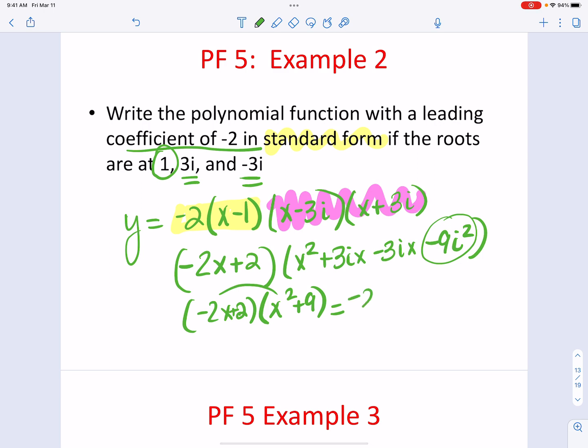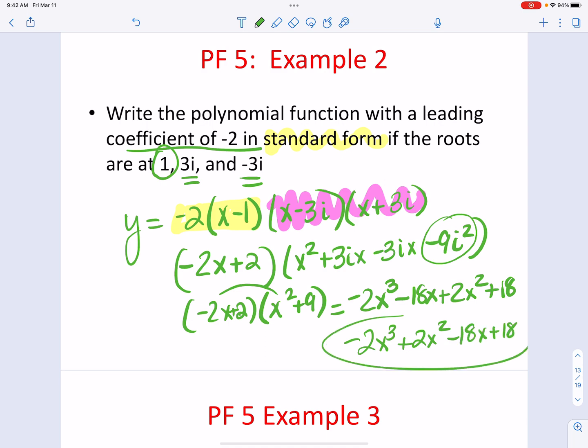I would get minus 2x cubed minus 18x. I'm going to do it this way. Minus 18x plus 2x squared plus 18. Now here's the issue. If you write that, I would take off because standard form means that you have to put it in descending order. So you would have to do this. So that's my answer in standard form.